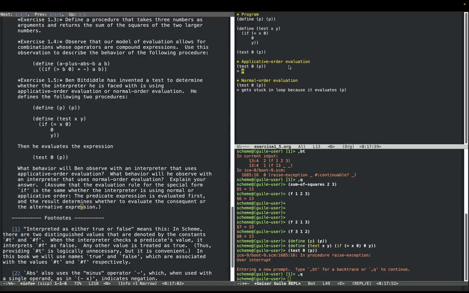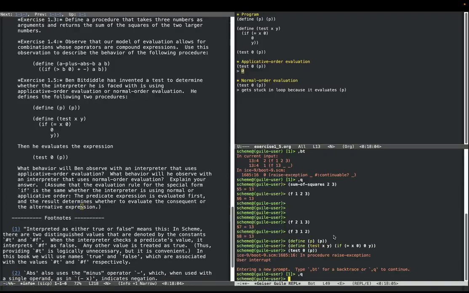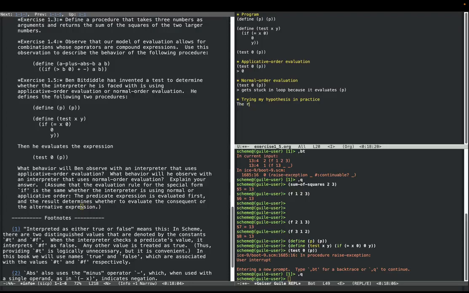So I switched the two around. Or this thing uses normal order. I don't know. Okay, let's write a little section: trying my hypothesis in practice. The REPL gets stuck in a loop.